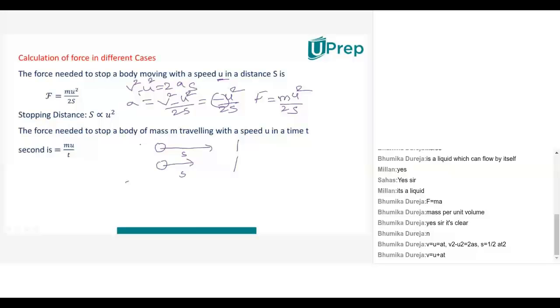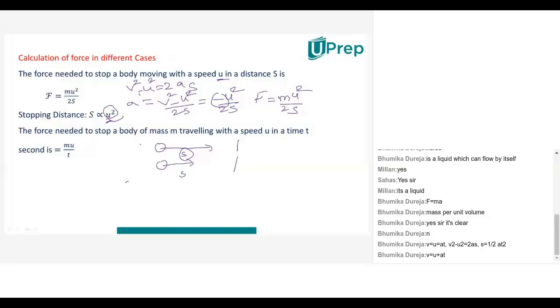Then the distance traveled will be proportional to the initial velocity squared. So we write s is proportional to u square. So the stopping distance will be proportional to u square.